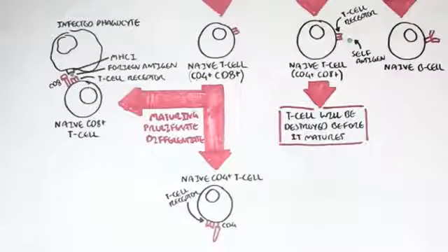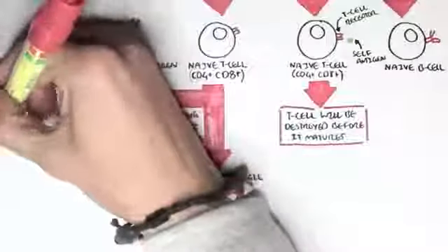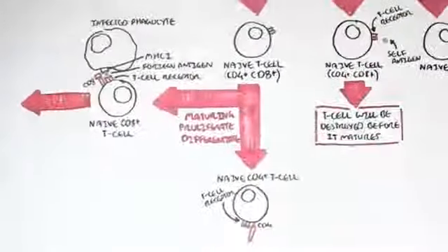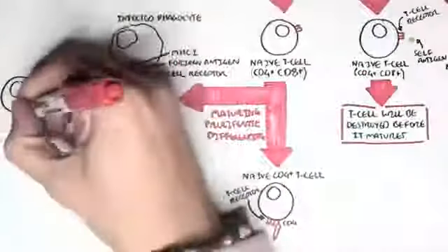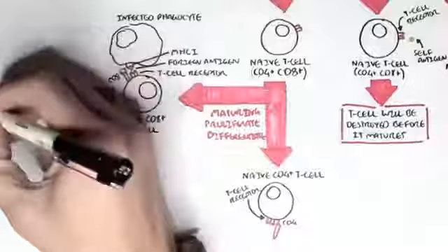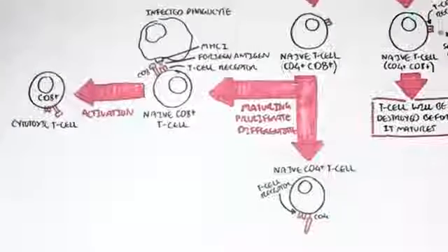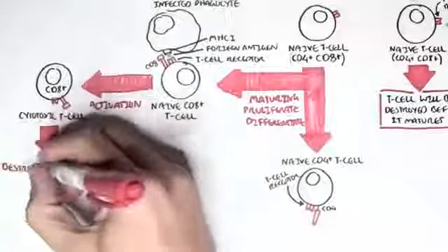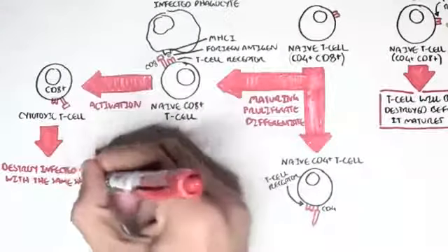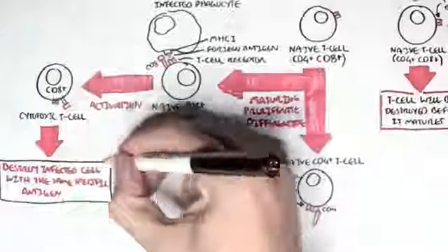So the phagocyte will present a foreign antigen to the naive CD8 T cell via the MHC class 1, which stands for Major Histocompatibility Complex class 1. This will activate the naive CD8 T cell to become a cytotoxic T cell. Cytotoxic T cells destroy infected cells with the same specific antigen as was presented by the infected phagocyte.